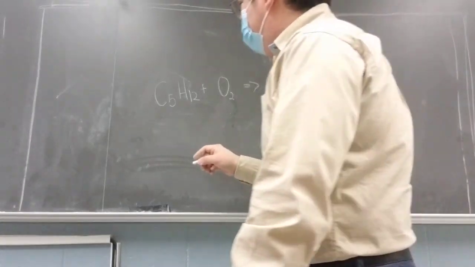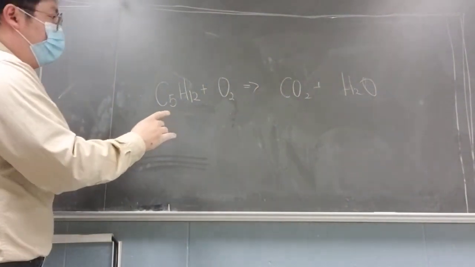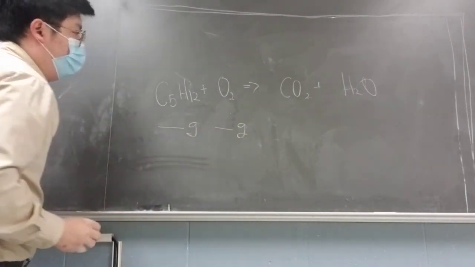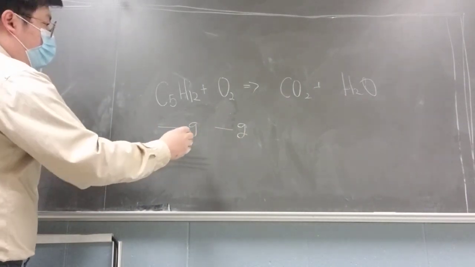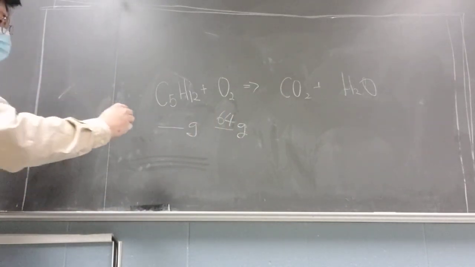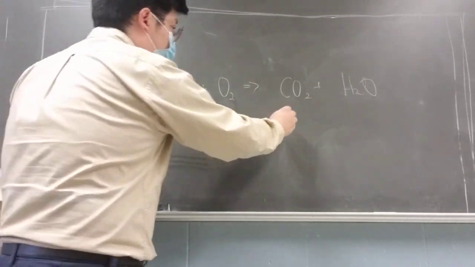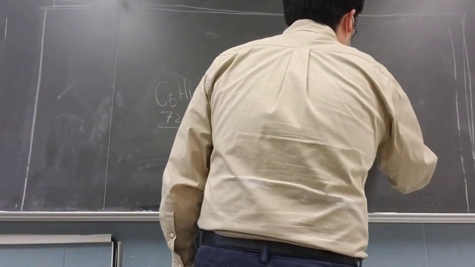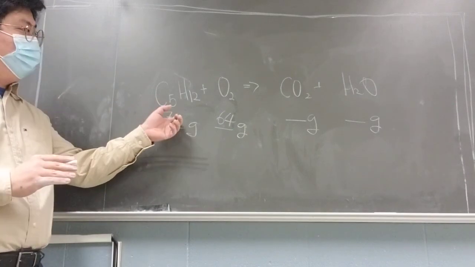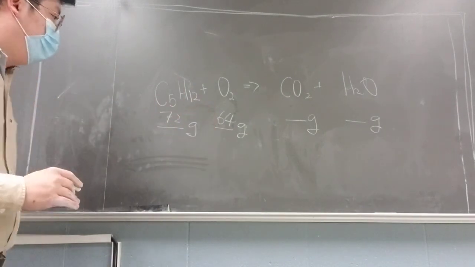I'm going to give you some numbers in grams for the two reactants, and then I'm going to ask how many grams of these two products will be produced. In this case, it will not be 100% because one of the reactants will be the limiting reagent.